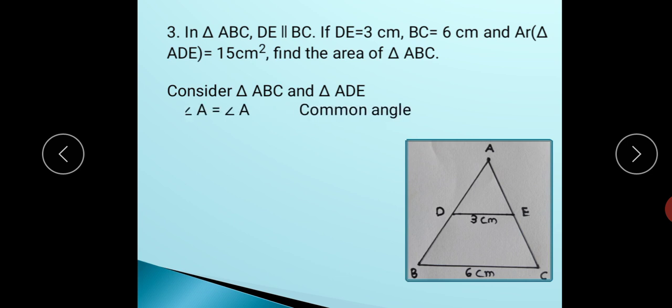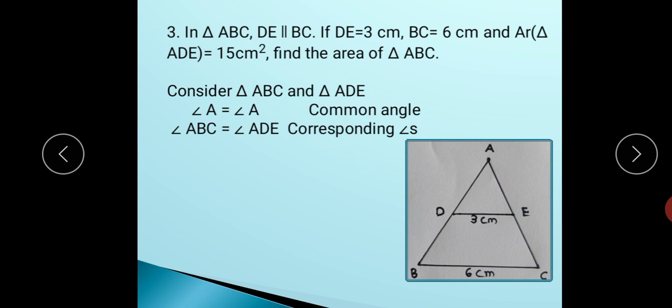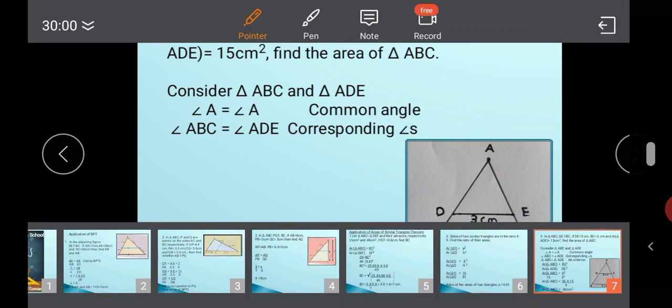Let's see. In both the triangles, that is the entire triangle and the triangle ADE, angle A is equal to angle A, common angle. And you can see here, angle ABC is equal to angle ADE.